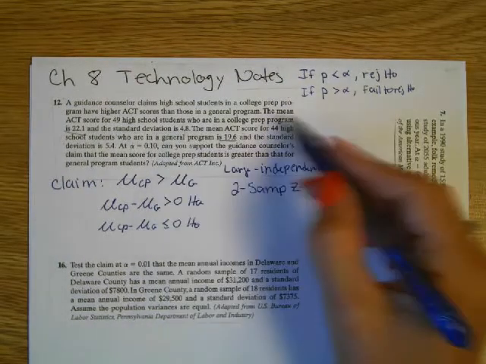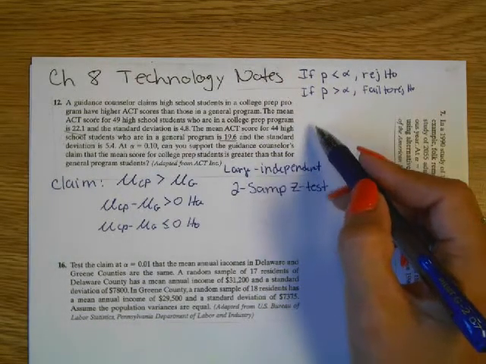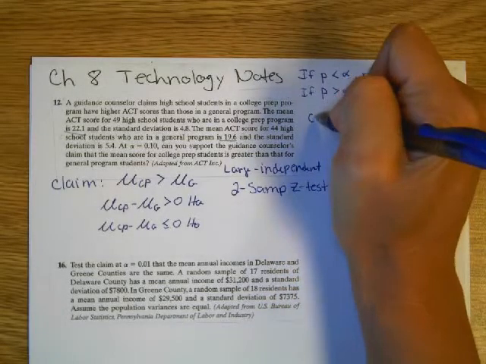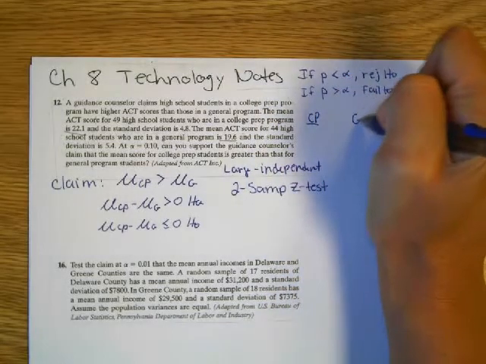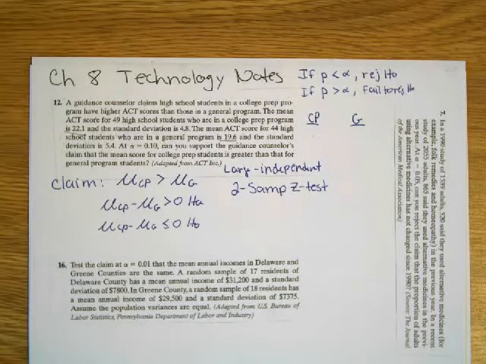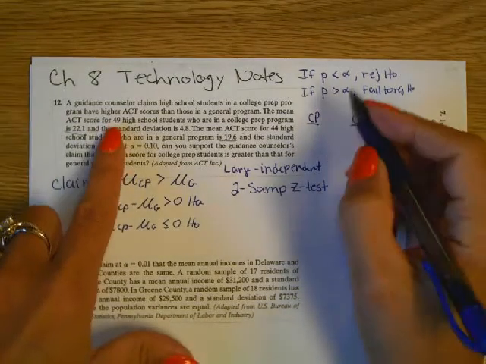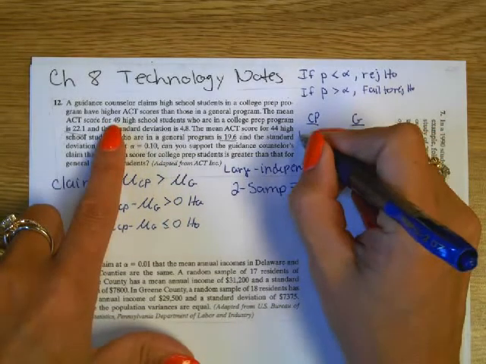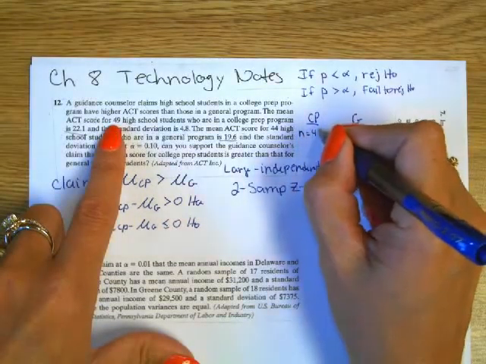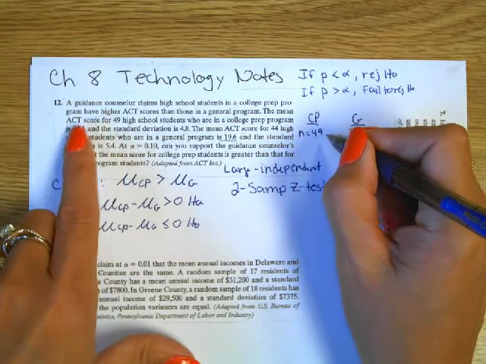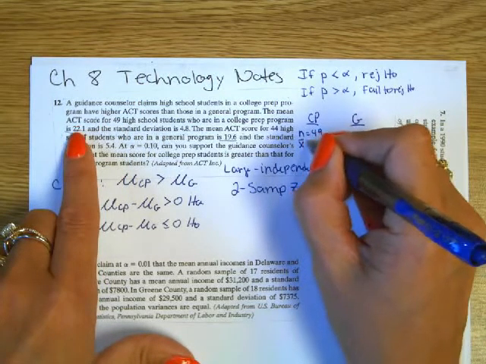And it might be helpful to pull the information out and put it in little table form. So I'm going to put college prep and then general, because there's 3 pieces of information for each one. So college prep, the sample size was 49. The average was 22.1.